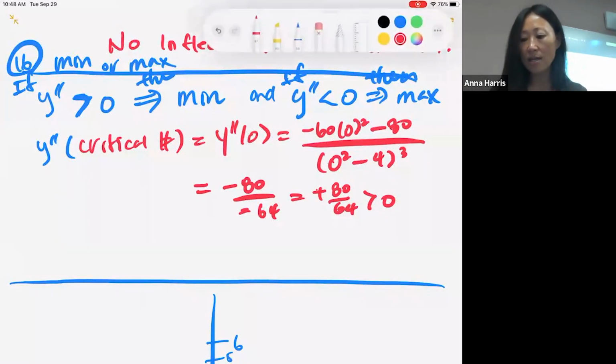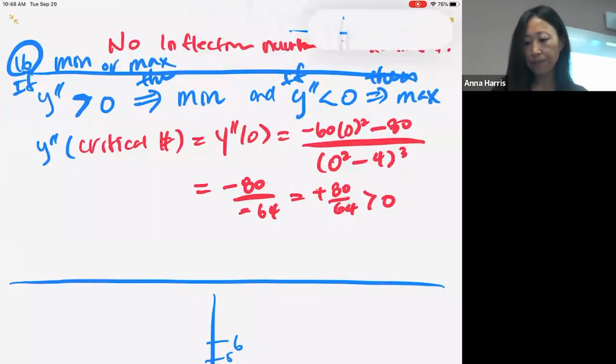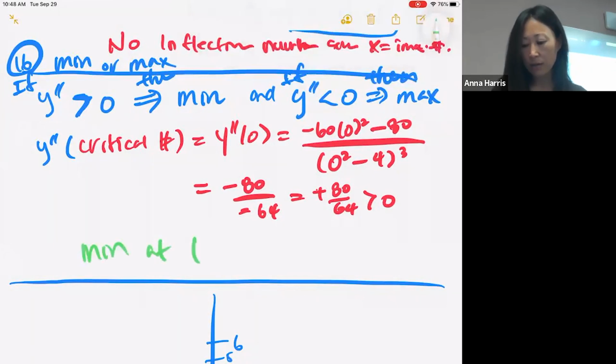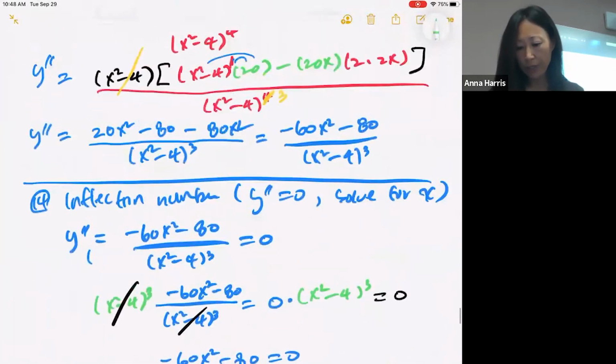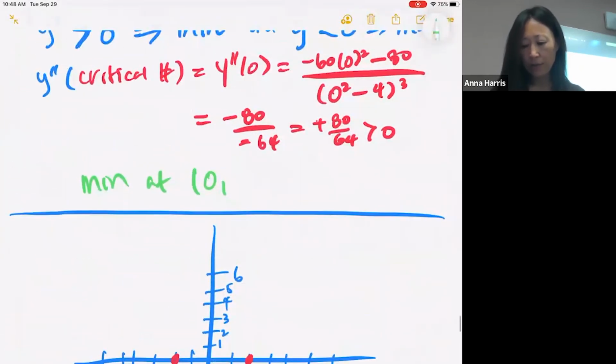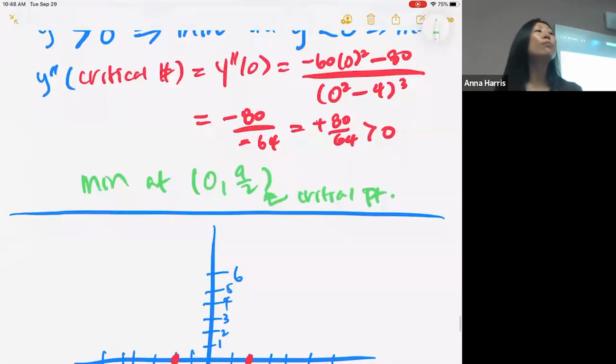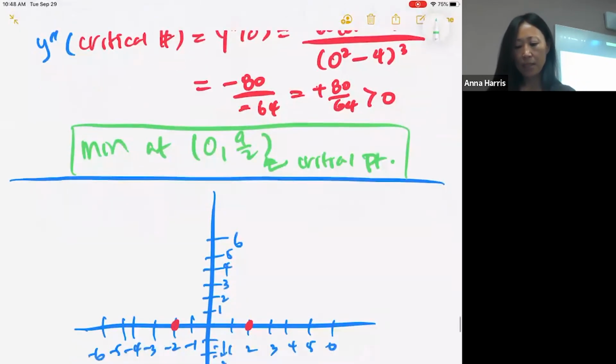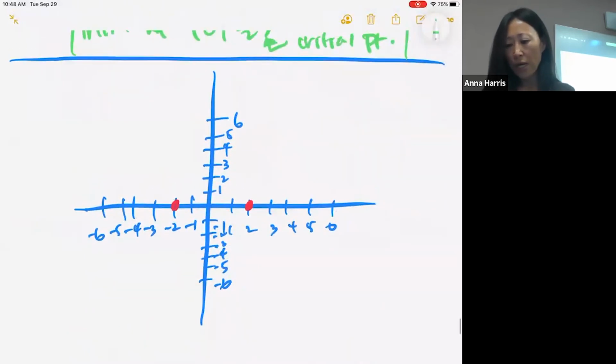So we have a minimum at 0. When you plug in 0, what do you get for the y value? What was the critical point? 9 over 2? Okay, so at 0, 9 over 2, that is my critical point. So at the critical point, you will have a minimum. Okay, so I'm going to draw whatever we know.